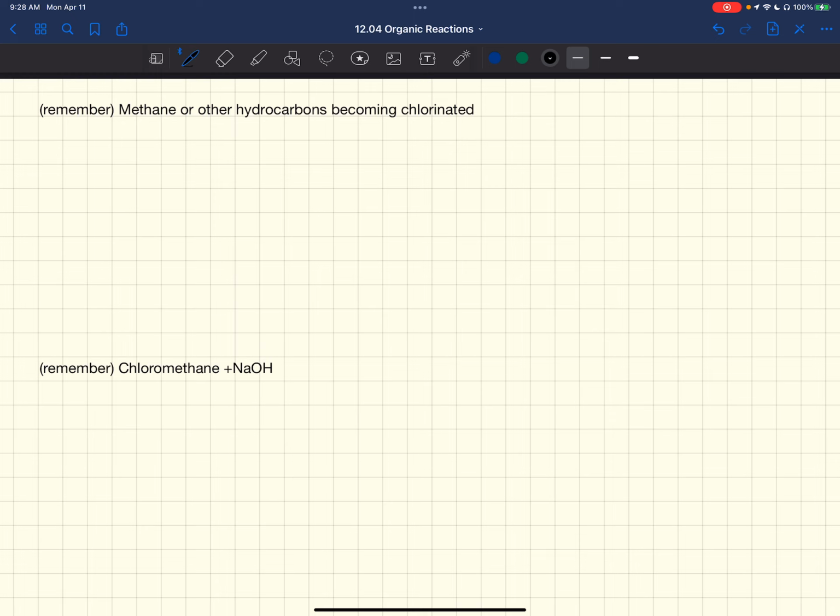So let's say that I have methane. This works with any hydrocarbon, but let's say I react that methane with chlorine. Now, what's going to be important for you remembering this is that this is going to be run in the presence of light.